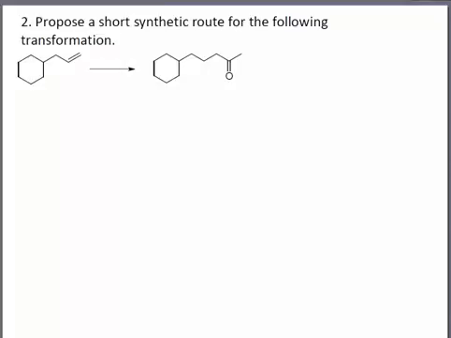Question 2 is here. So we obviously have a ring, and in here we have 3 carbons on the ring. Here we have 5 carbons plus the ring. So we need to add 2 carbons somehow. And more importantly, we have a methyl ketone right here.